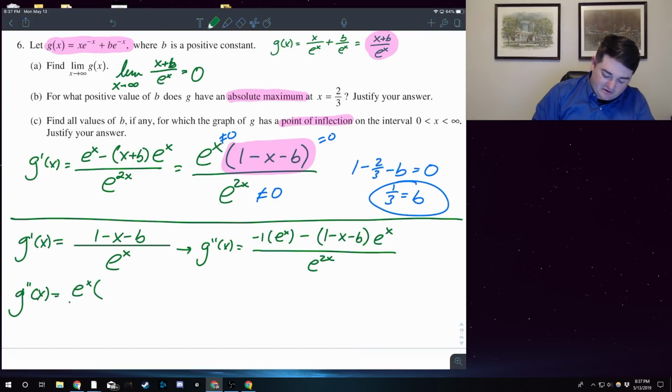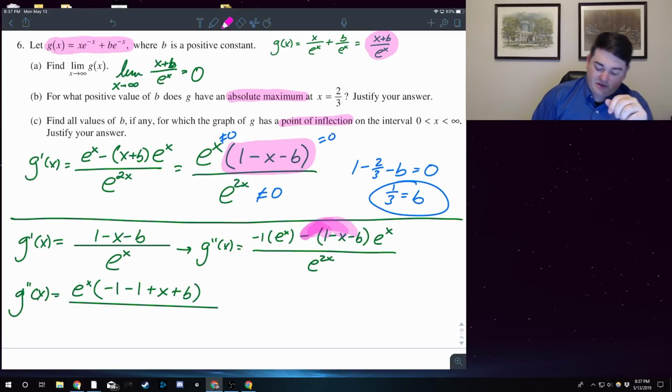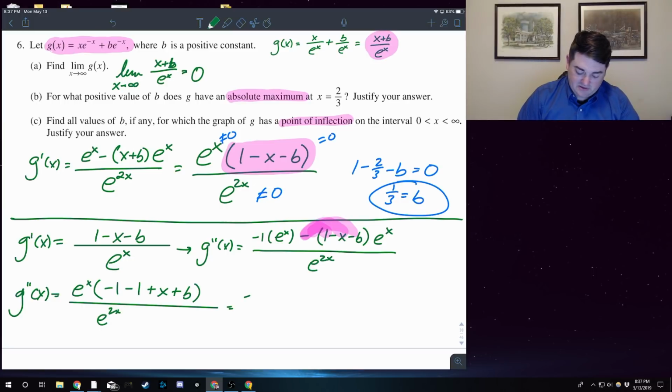After factoring out an e to the x in the numerator, I'm left with negative 1 minus 1 plus x plus b. I'm also distributing the negative there, over e to the 2x. So that's negative 1 minus 1, negative 2, plus x plus b, over e to the x.